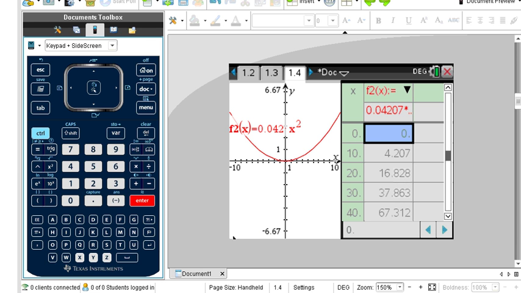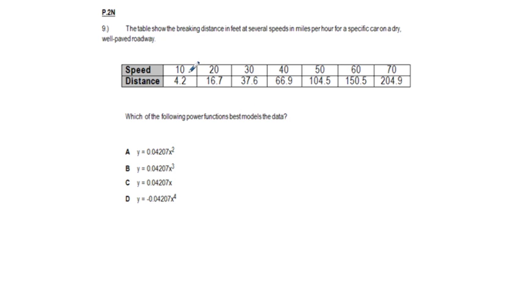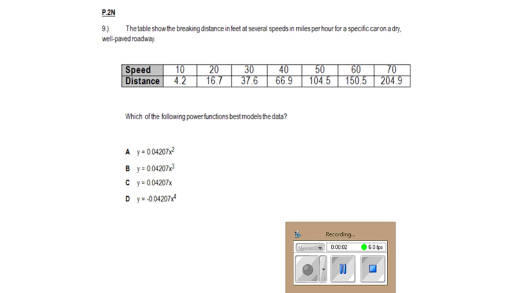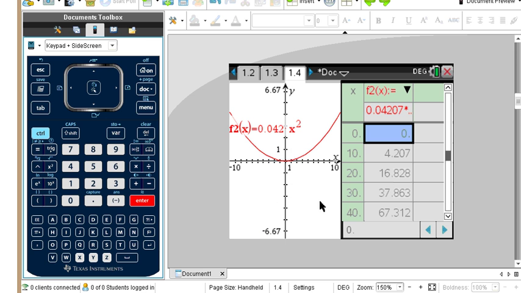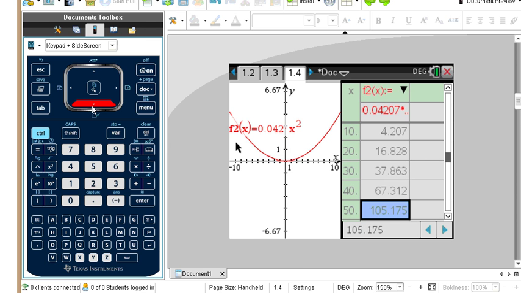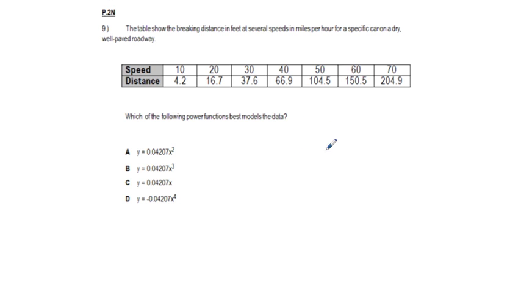Okay, let's look at our answer choices here. 0, 4.2, 16.7, 37.6, 66.9. We can keep on going here. 104.5, 151, 206. So quite close. And so our correct answer is going to be A. If you try these others, they can be way off.